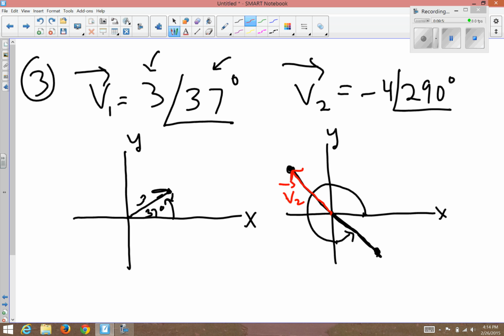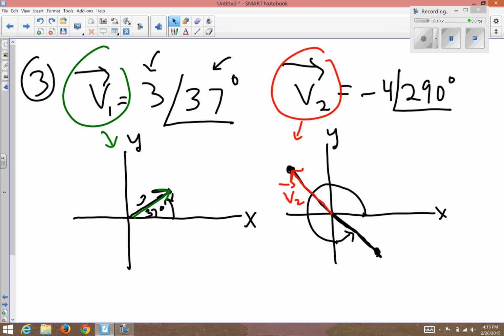So I found 290 degrees, measured out 4 from the origin on that, the negative told me to reflect through the origin. The red one is v2, and the green vector over here, that's v1.